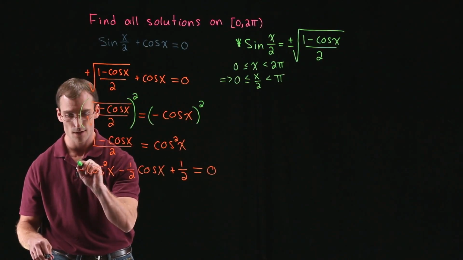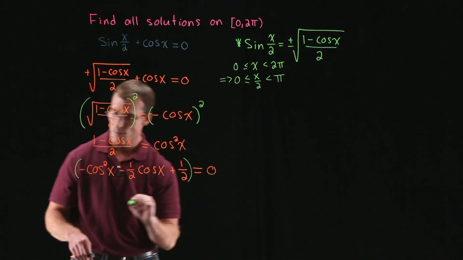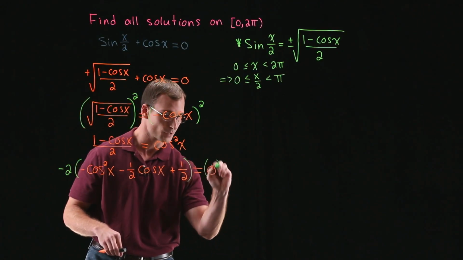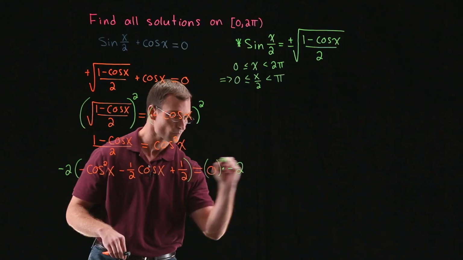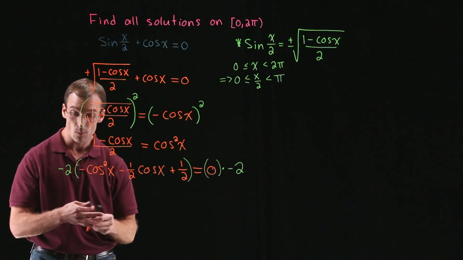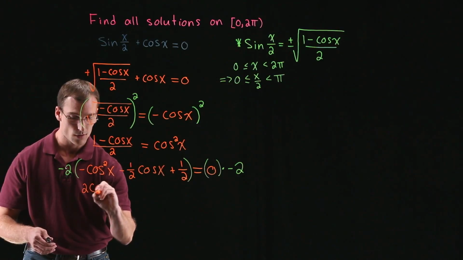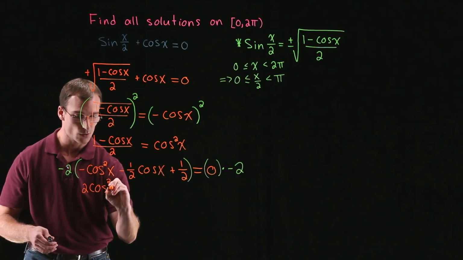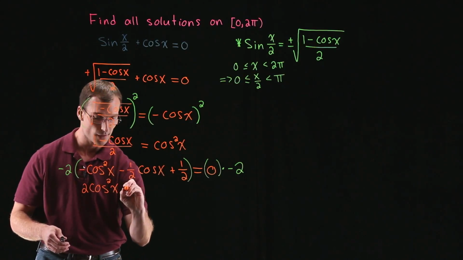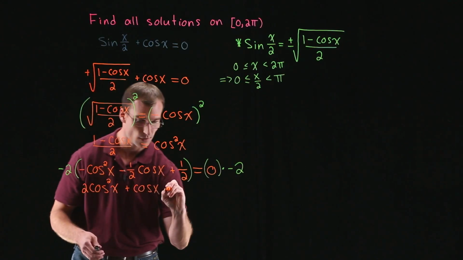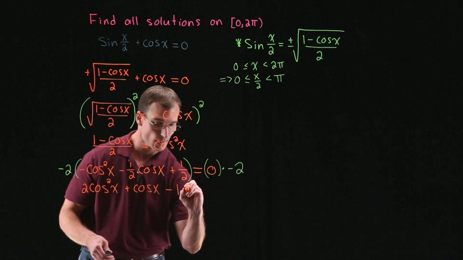So I think if we multiply through by a negative 2 on both sides, that gets us what we want. Multiplying through with a negative 2, we'll have positive 2 cosine squared x plus cosine x, minus 1, and that is equal to 0.